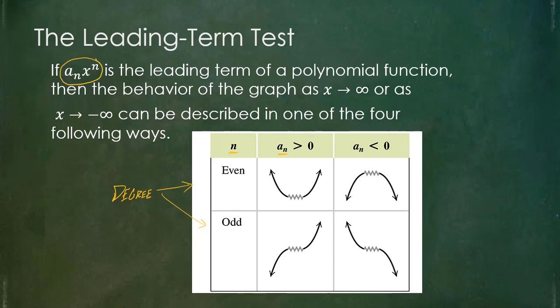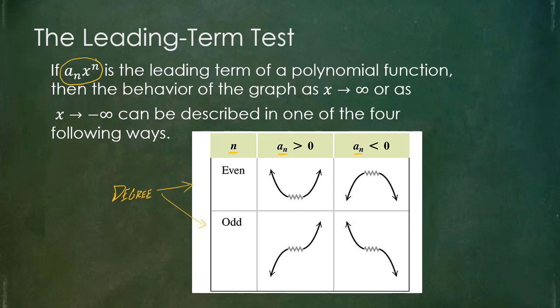If the leading coefficient is positive, it's going to open up towards the positives. In other words, both arrows will point up. If that leading coefficient happened to be less than 0, meaning it was negative, then both arrows point down, or it opens towards the negatives. Hopefully that's not too big of a stretch, because an x squared graph was one that opened up, whereas a negative x squared graph was one that opened down. So we've already kind of looked at this in a way.